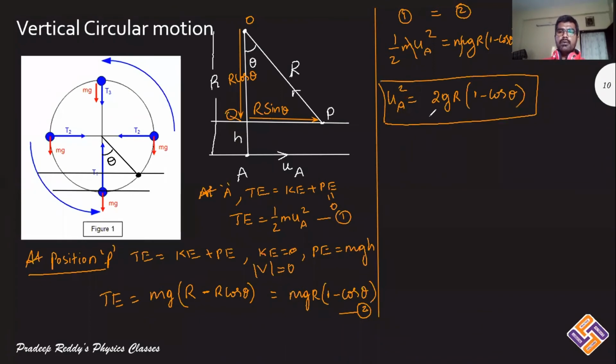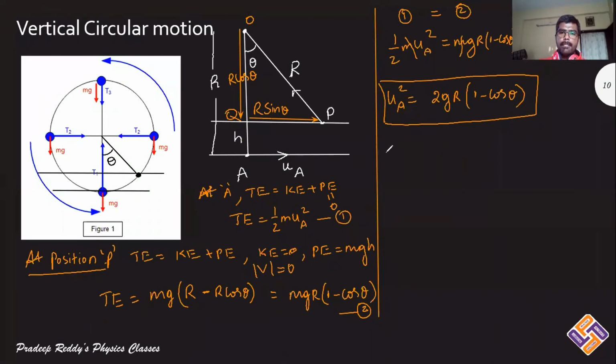Now if you observe carefully, when you are providing some velocity to this particle, theta can be of different values. It goes to some certain height. It can be 5 degrees, 10 degrees, 15 degrees, 20 degrees, and so on.